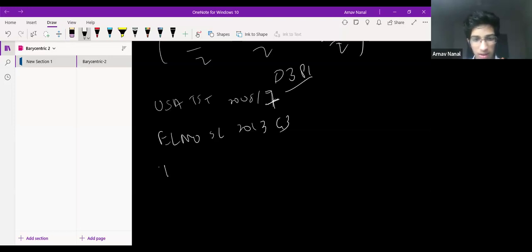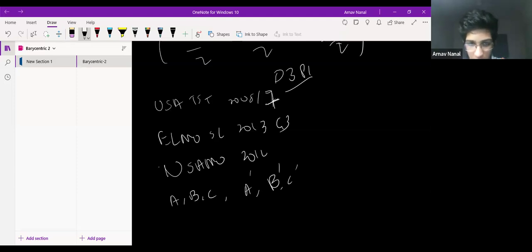And there is some question from USAMO 2012. I don't remember which one it is, but it basically has A, B, C, and A', B', C'. You can find out which question has this. It's some concurrency and collinearity sort of question. So these are some questions you can try.